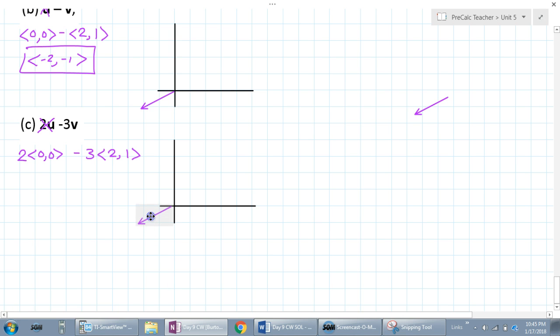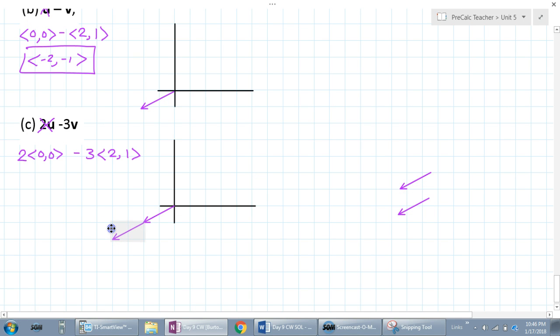So this is negative v. But look, we want negative 3v. So I actually need to duplicate this 3 times. I'm going to copy it again, and I'm going to paste it 2 more times.